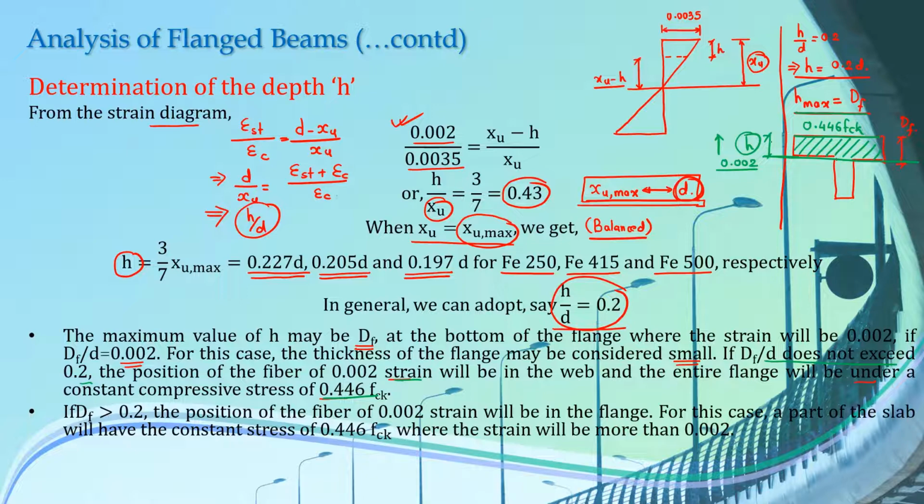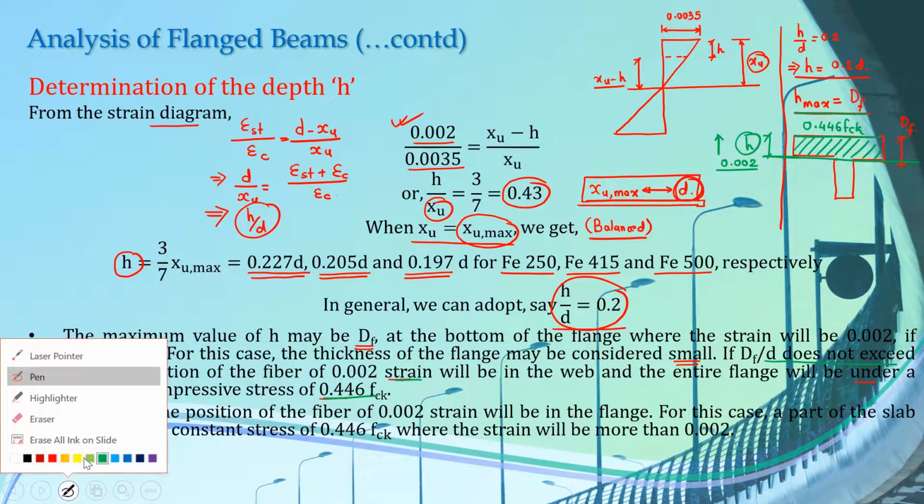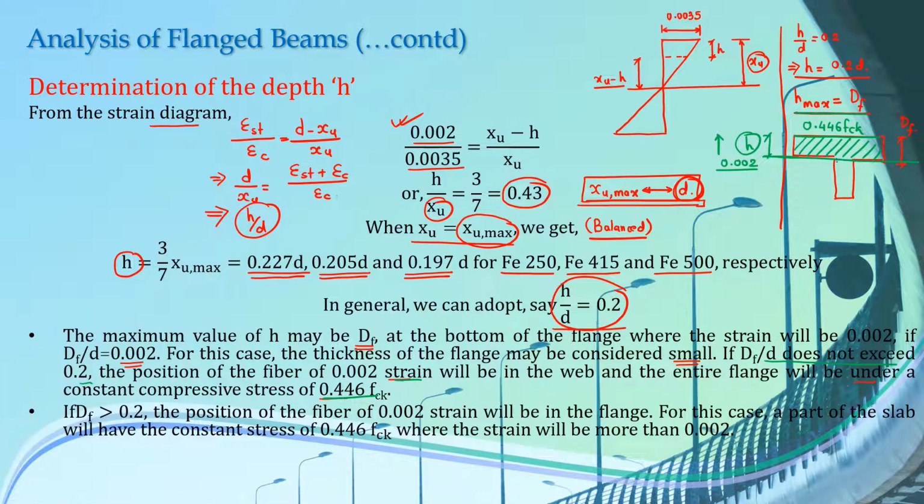Now, increase the value of H here. In the second case, let us say that now our depth of H lies at this distance here. So this is our H. Even in this second case, again the value of the stress in this flange will be constant at 0.446 FCK.